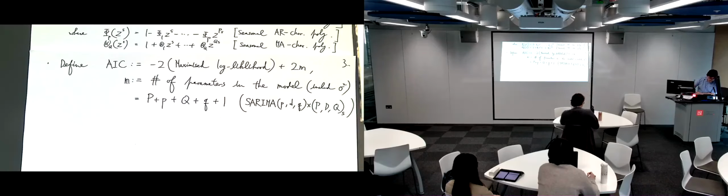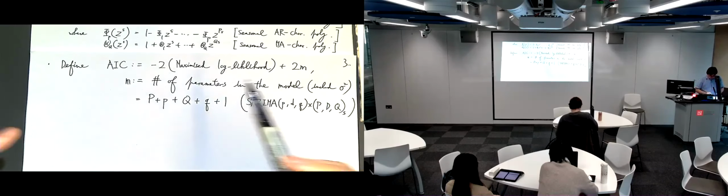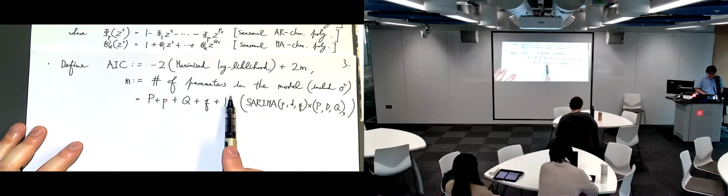The same here. The log likelihood is the log of that product of conditional densities, so it's a sum of log conditional densities. That's exactly how R handles this. They try to maximize that log likelihood, multiply by -2 and then add 2 times this number. That's exactly the AIC that you get from the formula in R.